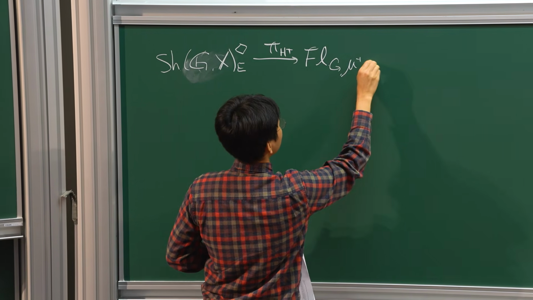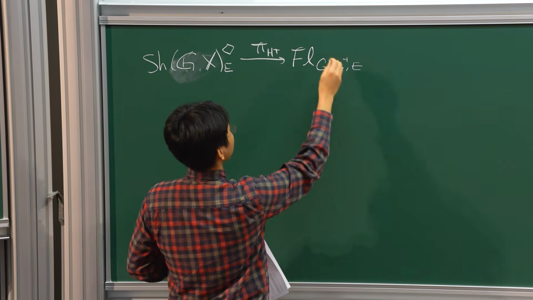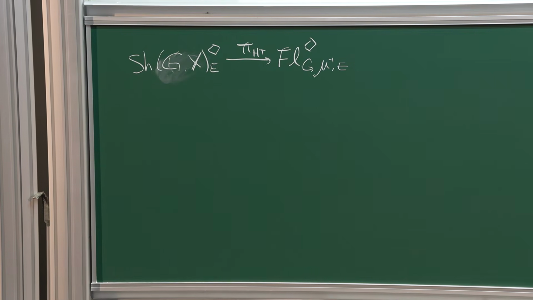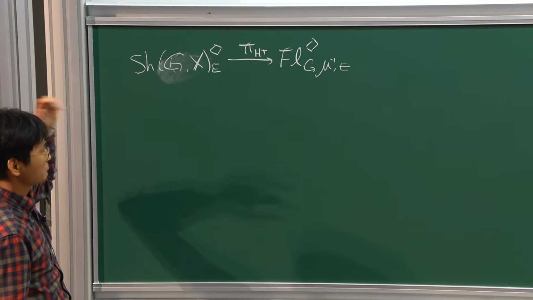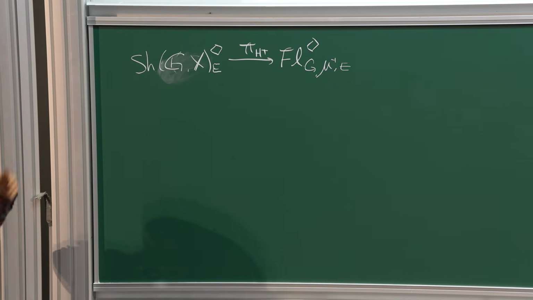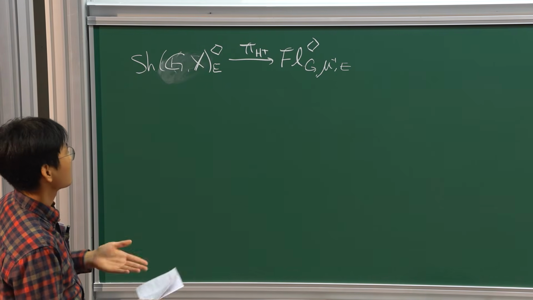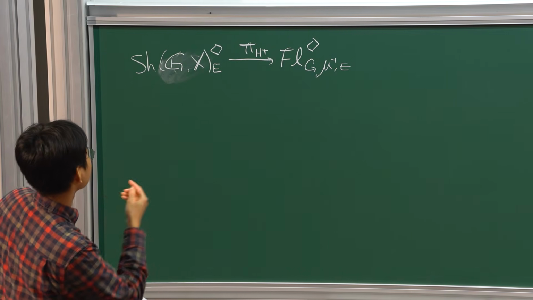And let me also put an E to indicate that it's actually a variety defined over E. And she used some kind of the universal abelian variety and looked at its Hodge-Tate sequence and so on.